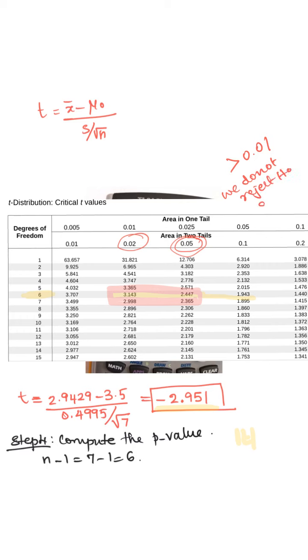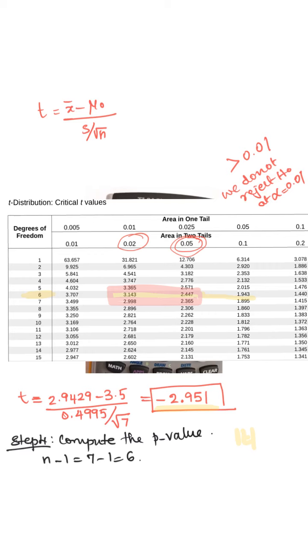at the significance level alpha equal 0.01, and we can conclude that there is not enough evidence to conclude that the mean amount of drug absorbed differs from 3.5 micrograms. The mean may be equal to 3.5 micrograms.